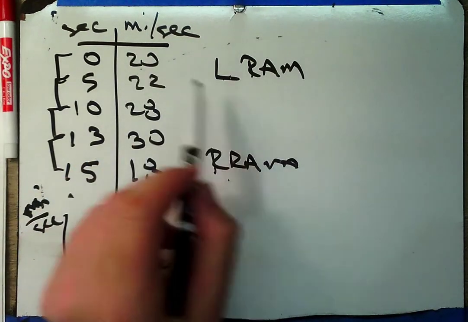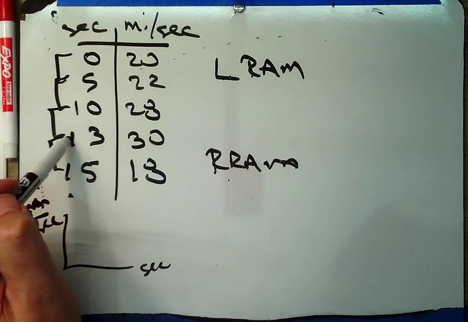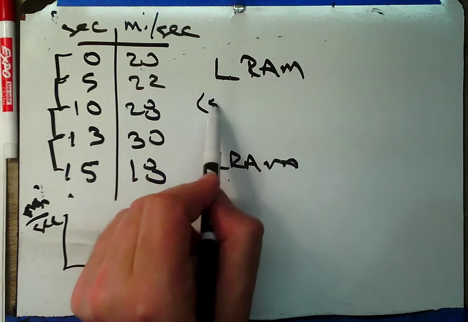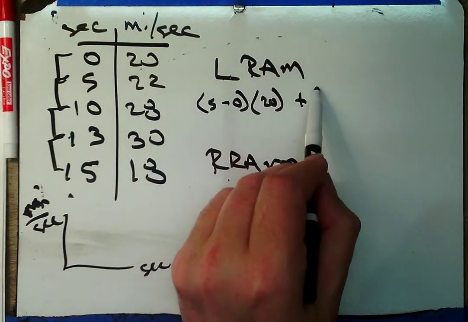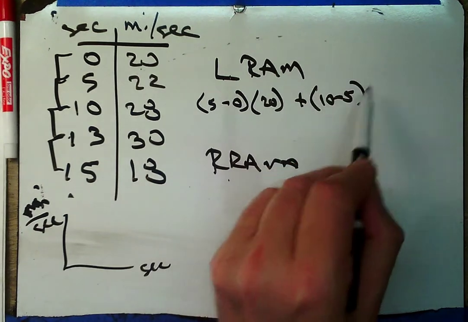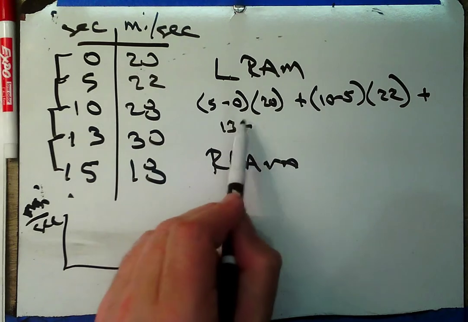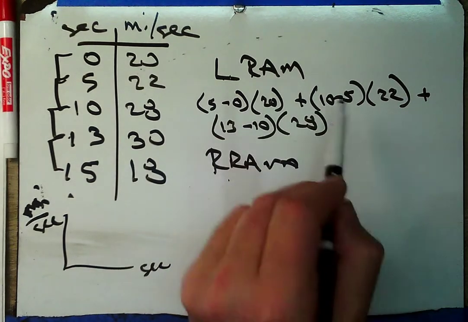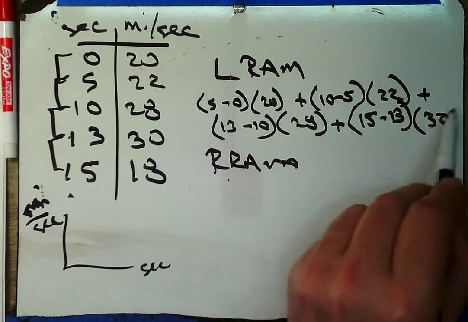Hey, welcome back. So it looks like I have a constant. Oh, no, I don't have a constant subinterval width. So I'm going to write this LRAM up as 5 minus 0 times 20, plus 10 minus 5 times 22, plus 13 minus 10 times 28, plus 15 minus 13 times 30.